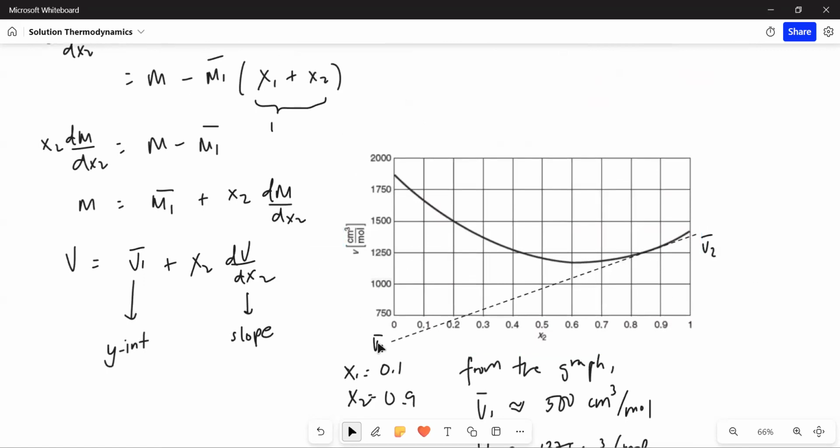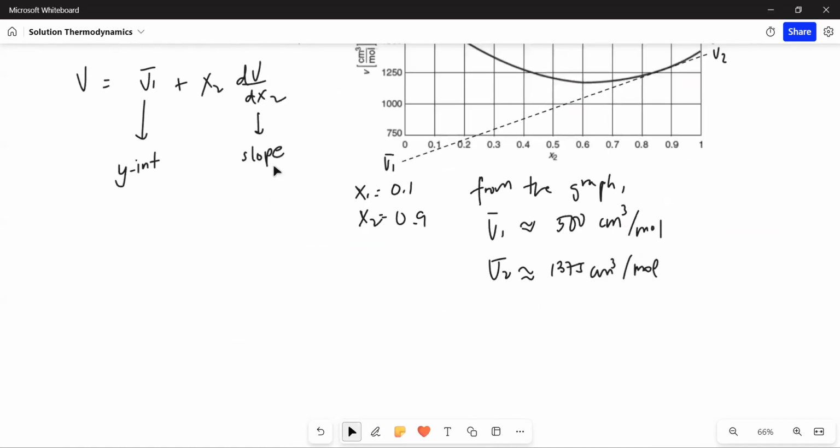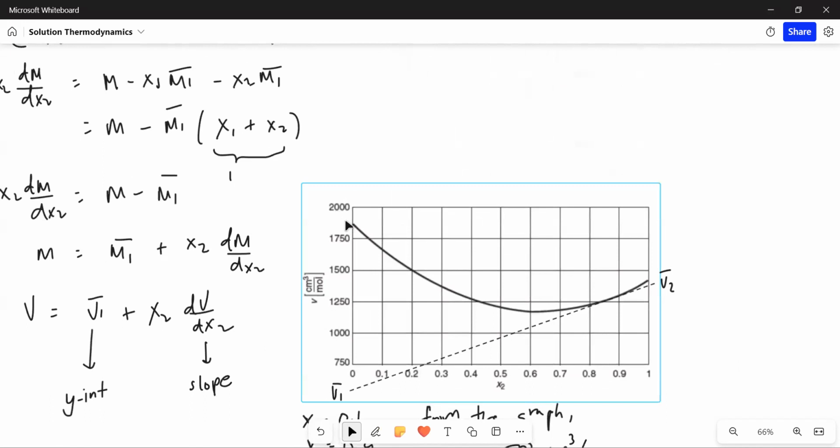So let's move that V1 right here and V2 right here. Now that we're done with letter A, for letter B, how do we read from the graph the pure species molar volumes? It's actually simply the edges of this line.